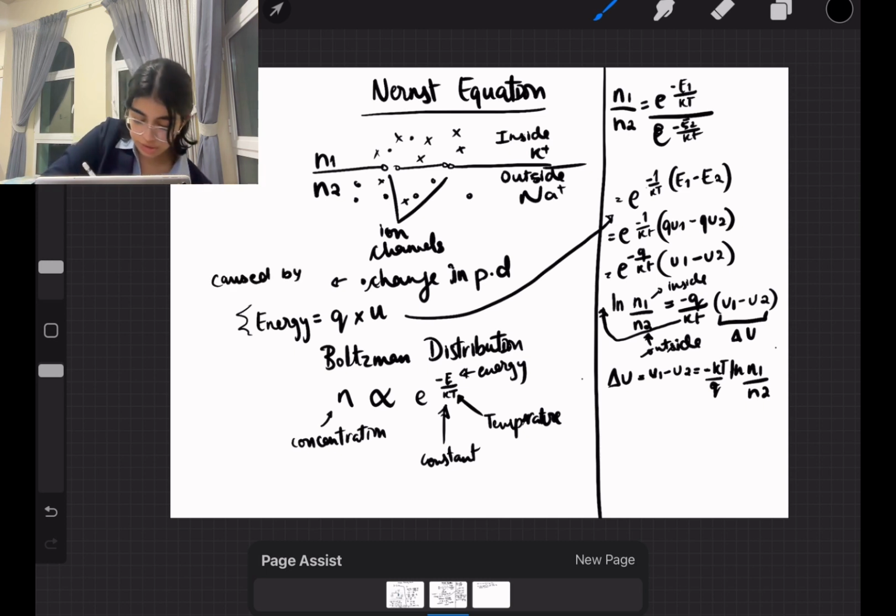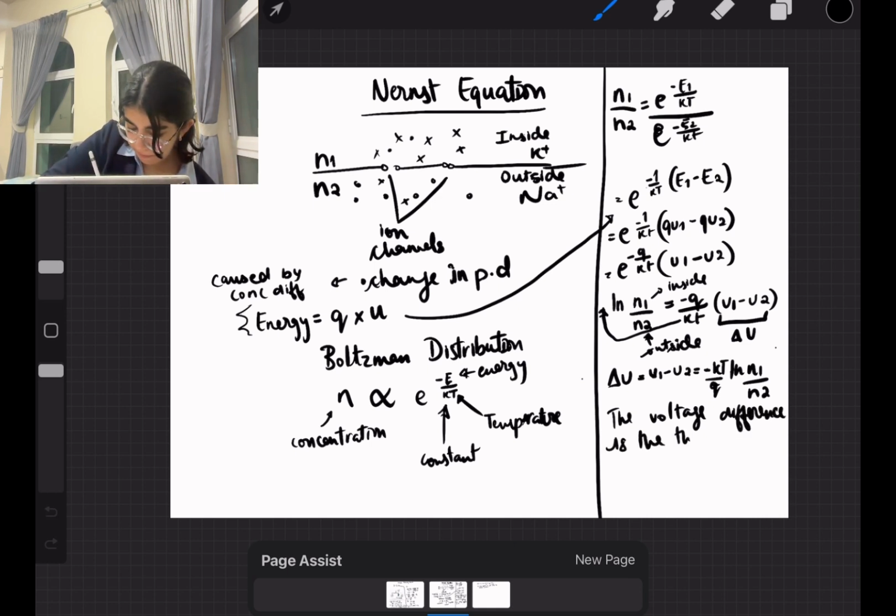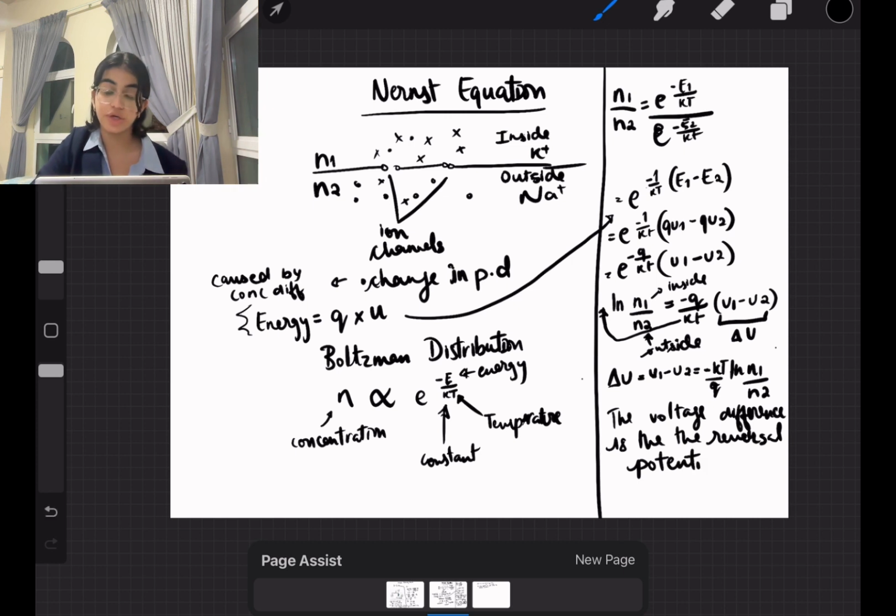The voltage difference, this is important, is also called the reversal potential. This will be used in our next equation for the three equations for the Hodgkin-Huxley gates.